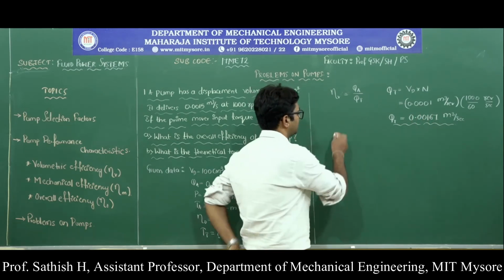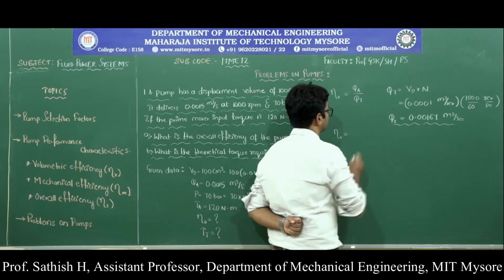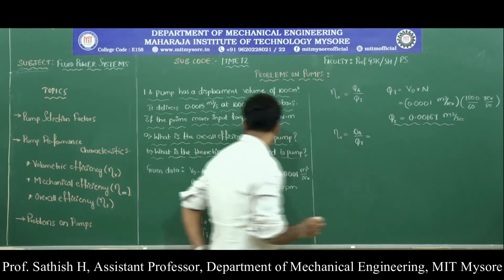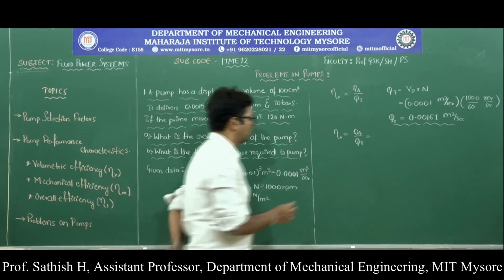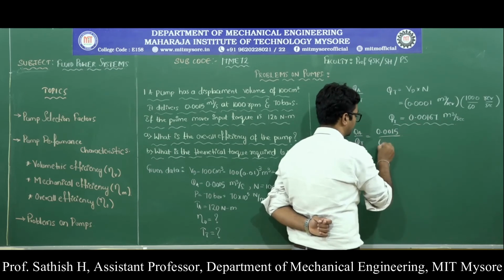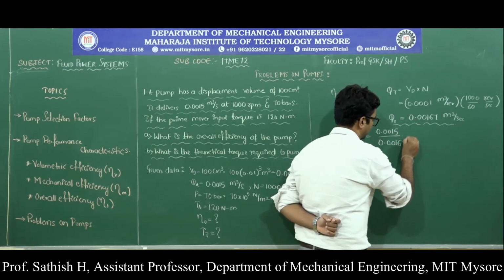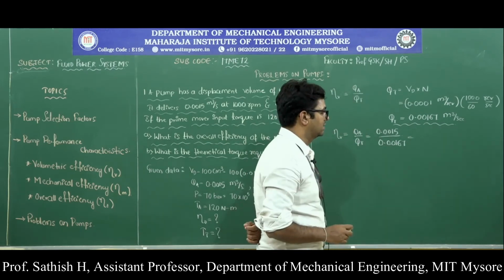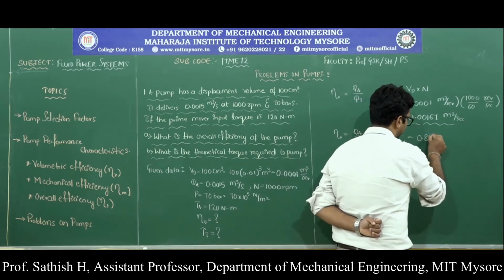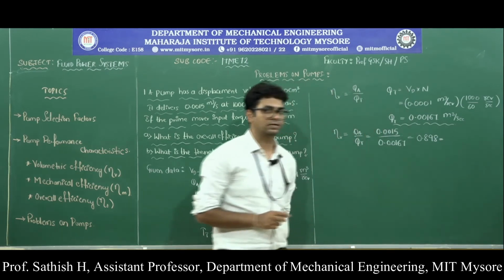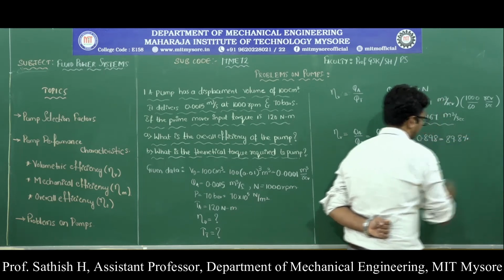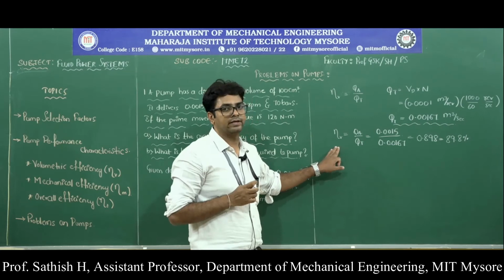So volumetric efficiency equals QA divided by QT, which is 0.0015 divided by 0.00167. Simplifying, we get 0.898, or 89.8 percent. This is the volumetric efficiency.